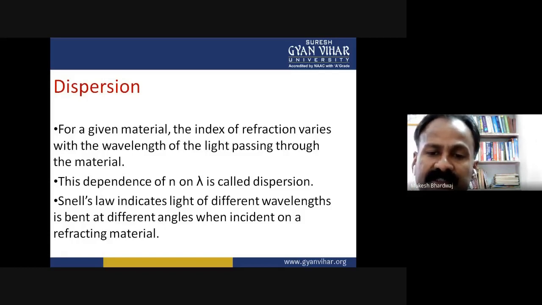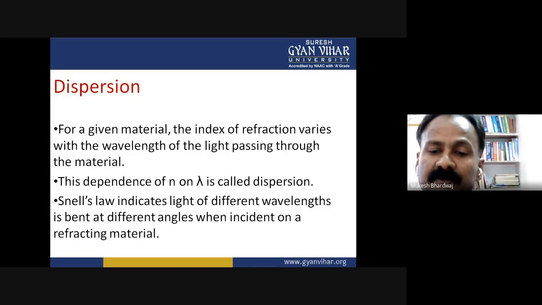The velocity can be found by c by mu, and the wavelength in a medium can be found by the wavelength in vacuum upon mu, where mu is the absolute refractive index of the medium. c is the velocity of light in vacuum, and v is the velocity of light in the medium.